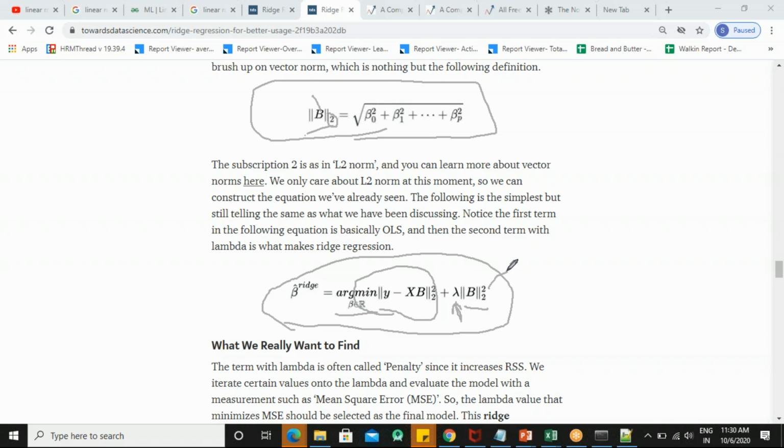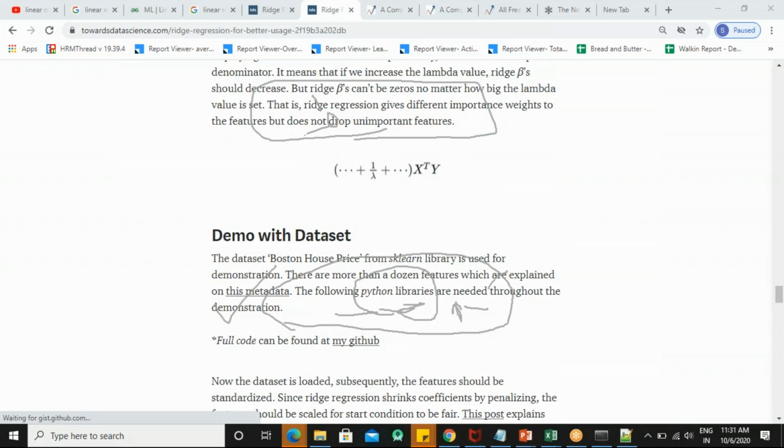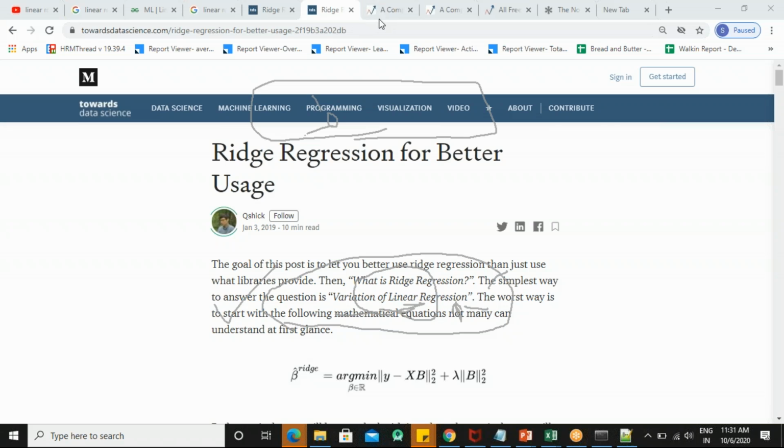So this is ridge regression. Okay, so don't get confused, because here he is talking about the vector form, but that's fine. This is what I have explained you. Okay, so leave it further.